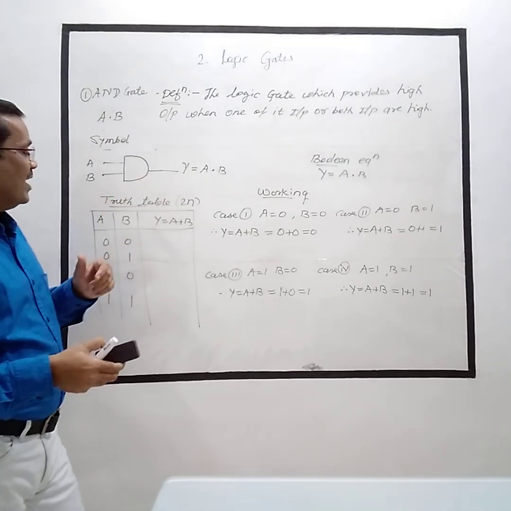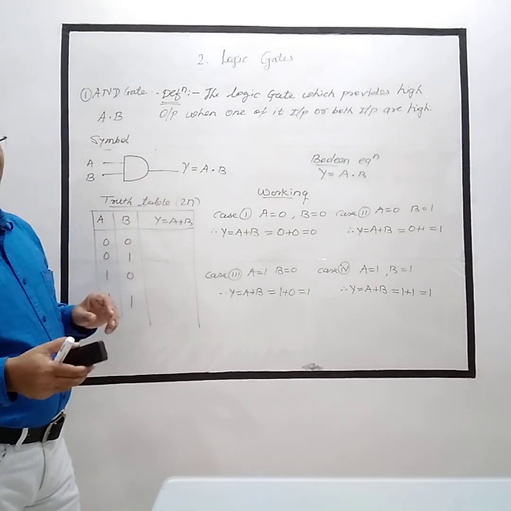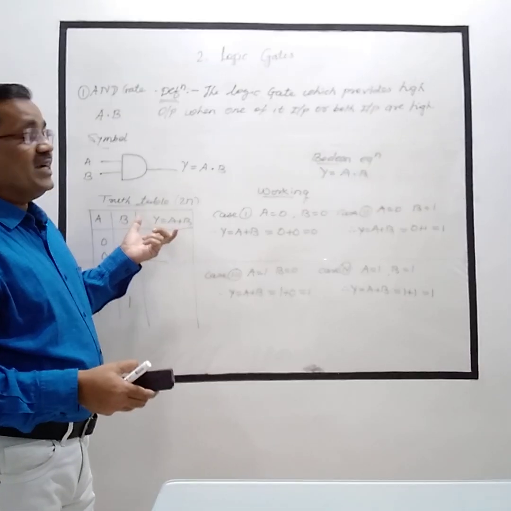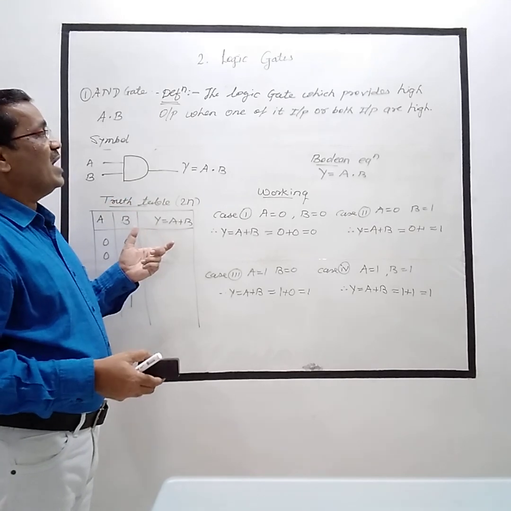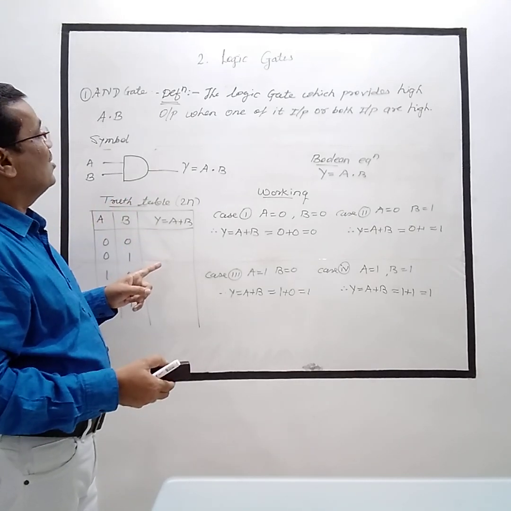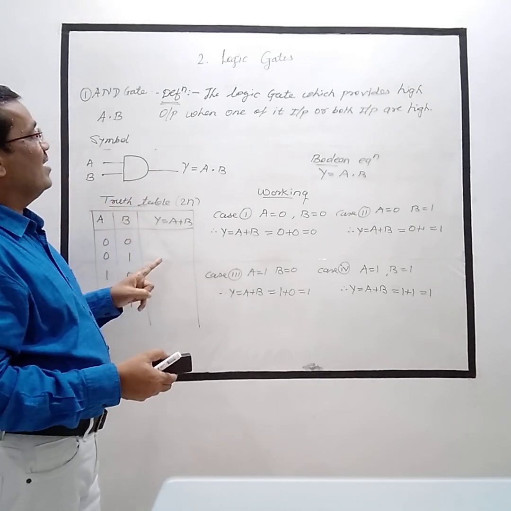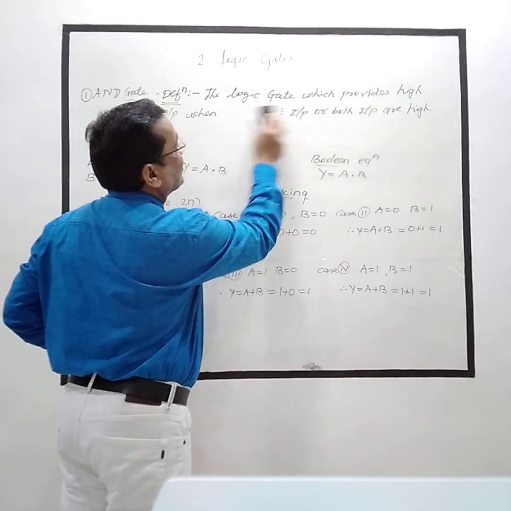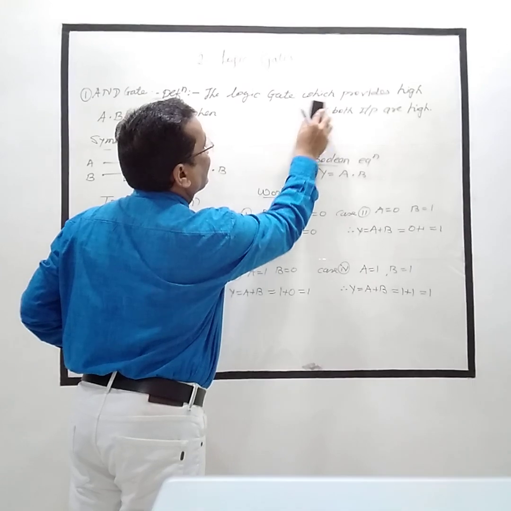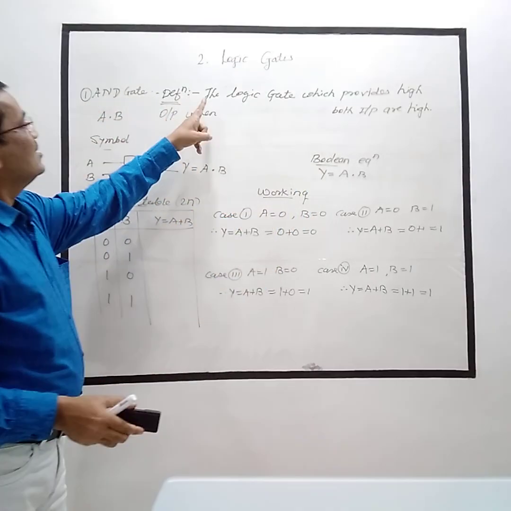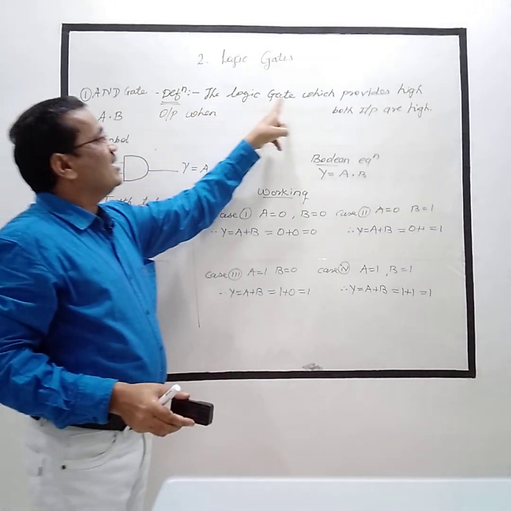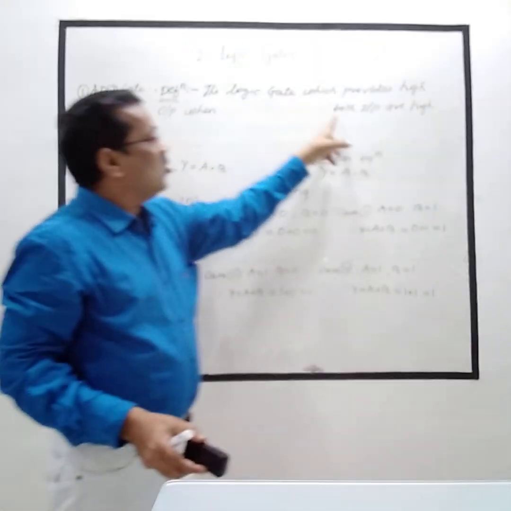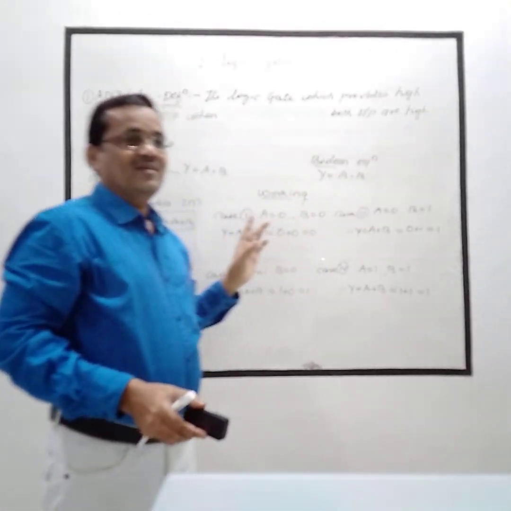Now how do we define the AND gate? It is a logic gate which provides a high output only when both the inputs are high.